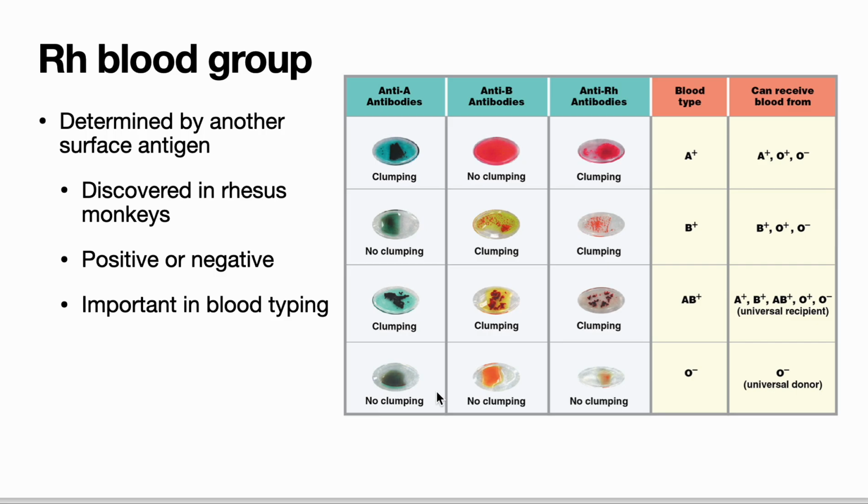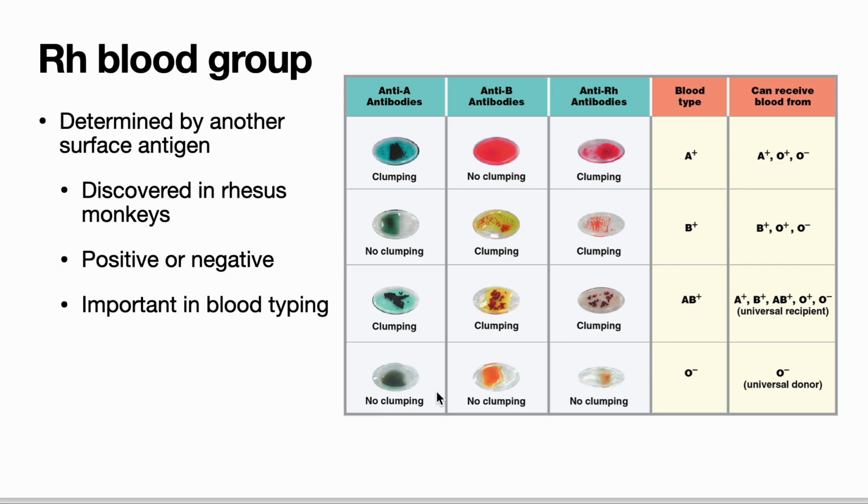So if it's type A blood and we add anti-A, it will clump, and that tells us that's type A blood. If it's type B blood and we add anti-B antibodies, then it will clump, which tells us that's type B. We also have to remember, if there's no clumping from anything, then it's type O. If it clumps with both A and B antibodies, then we know it's type AB blood.